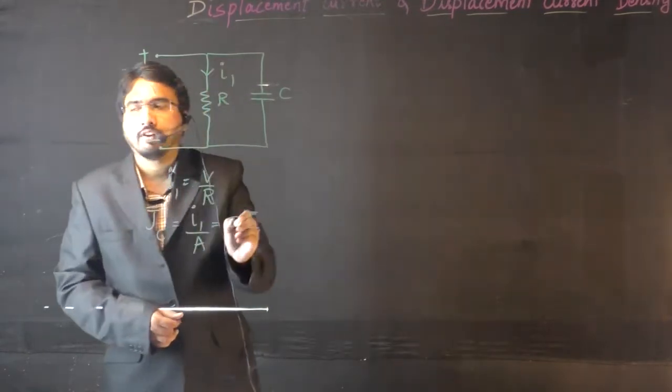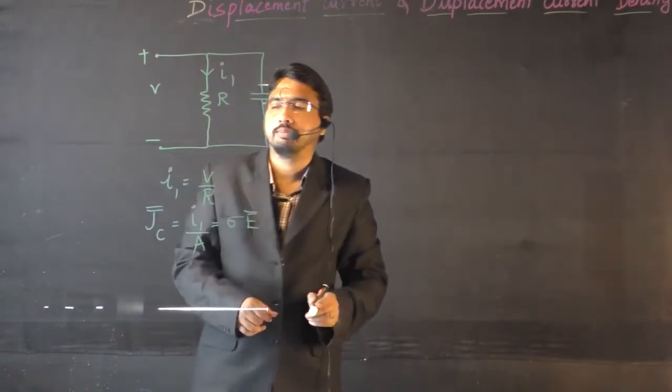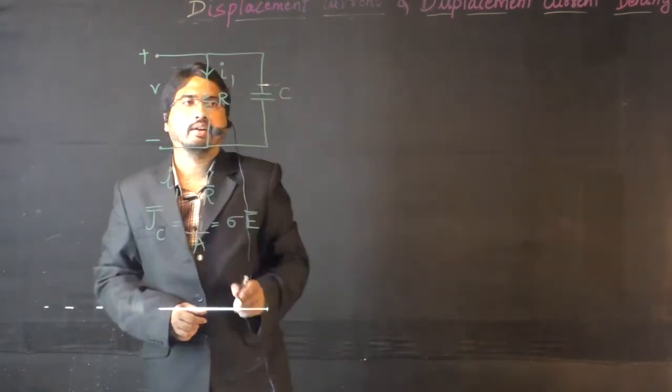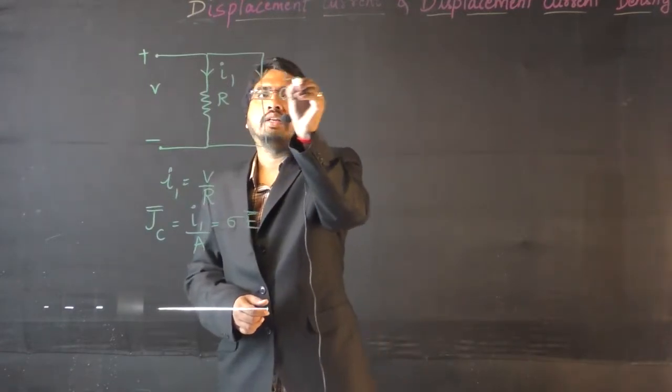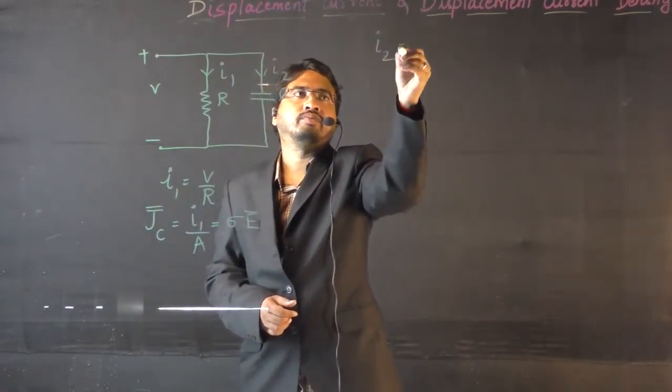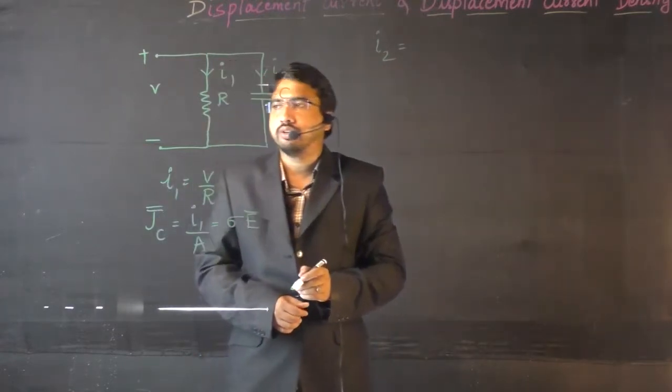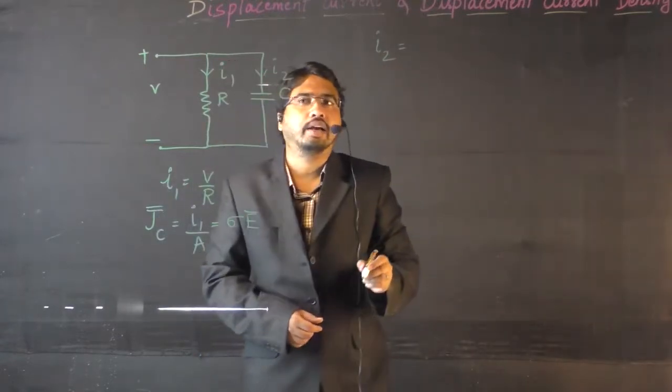This is the point form of Ohm's law, J bar equal to sigma E bar, that is the normal conduction current density. And now we need to solve for the displacement current I2. Displacement current is generally produced due to time varying currents.